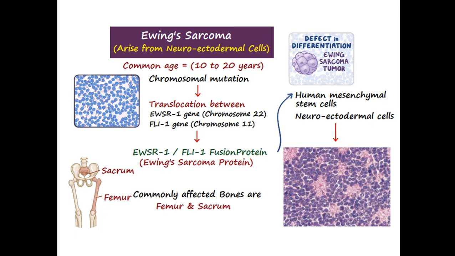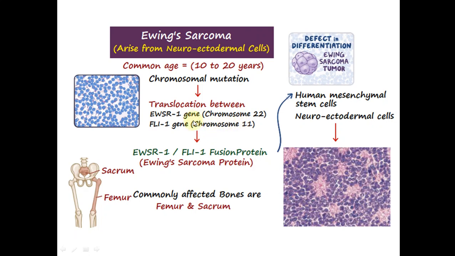The Ewing sarcoma commonly occurs in young age, and it is the result of chromosomal mutations. We have studied in our third year the different types of chromosomal mutations in the form of either deletions, insertions, duplications, translocations, and in Ewing sarcoma, translocation occurs between chromosome 22 and chromosome 11.